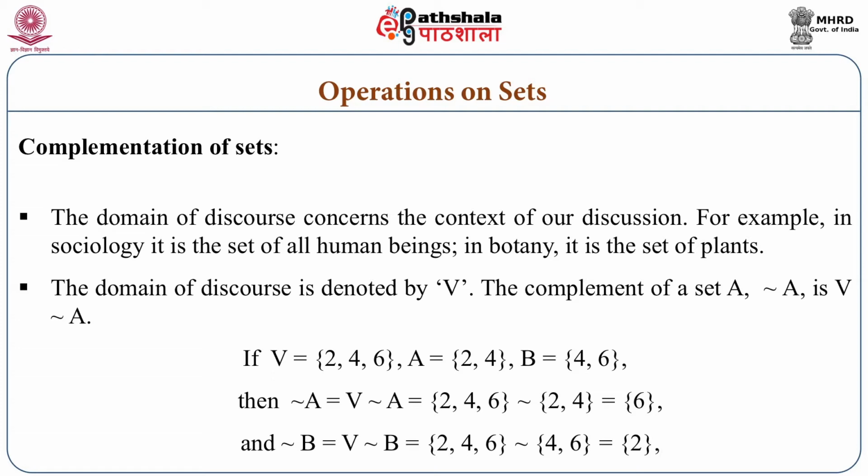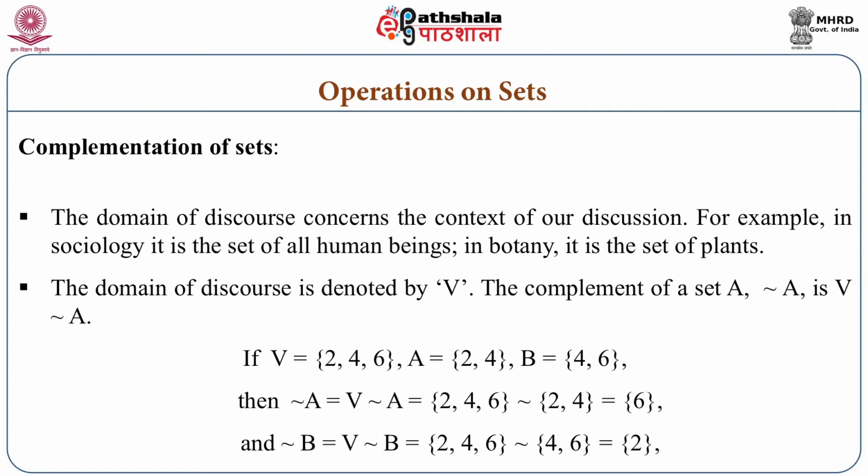Then it is universe of discourse minus A. That means all members of the universe of discourse but not A. Now given these sets A, B, we can think of the definition like this. That is, complement A will give us 2, 4, 6 minus 2, 4, because 2, 4 are members of A and we don't want them. So which will ultimately give us 6.